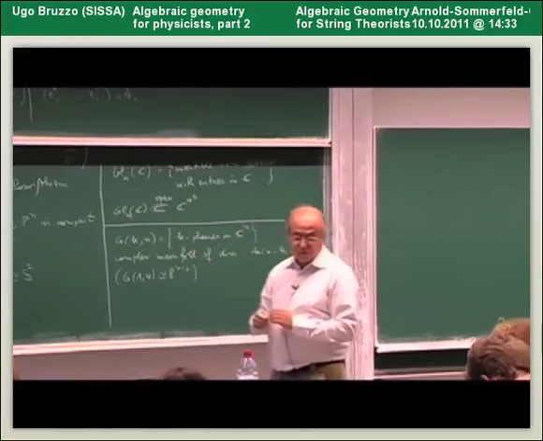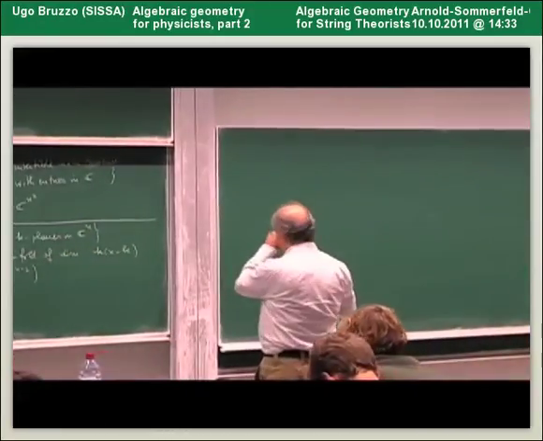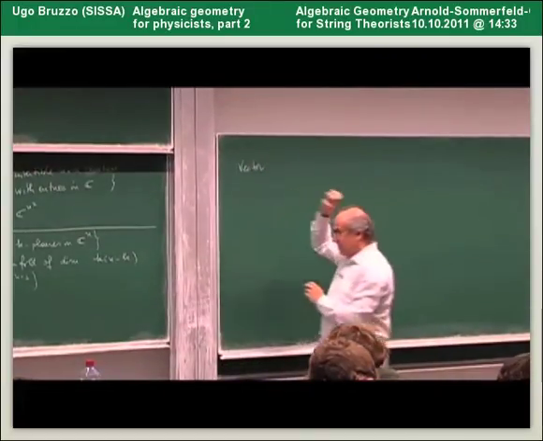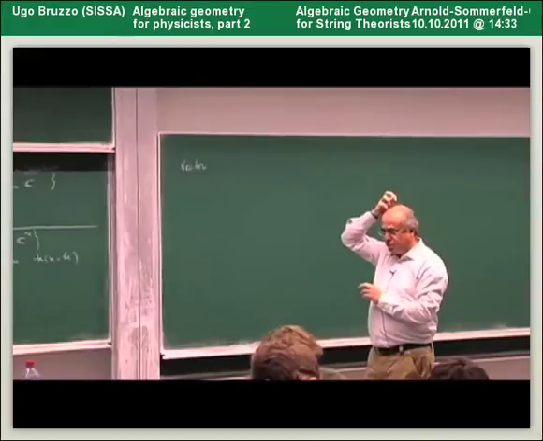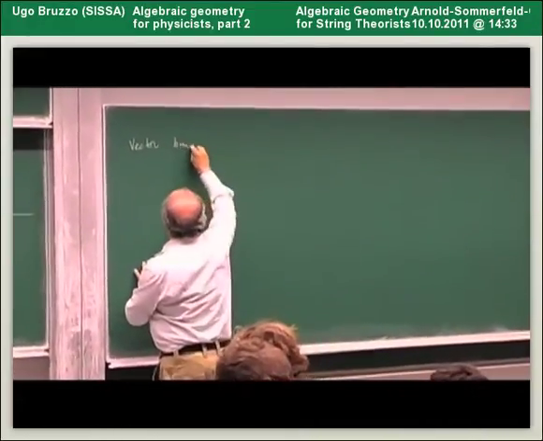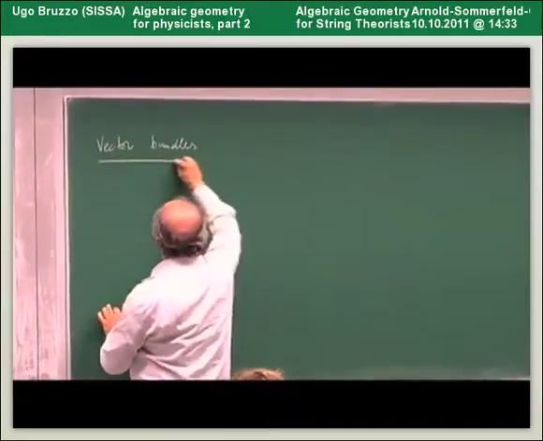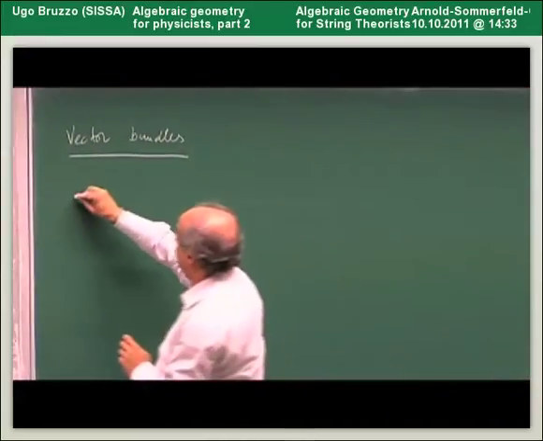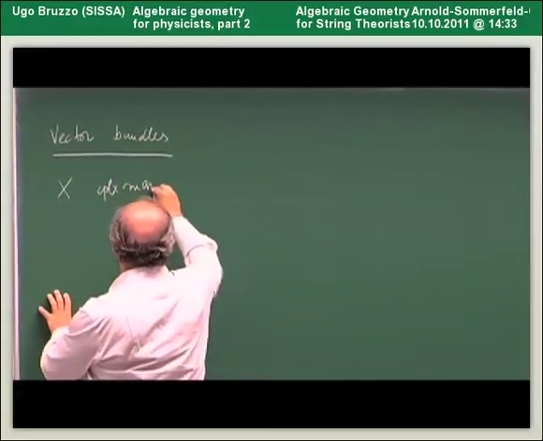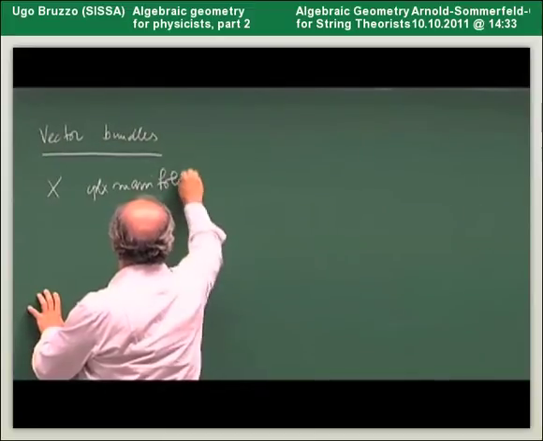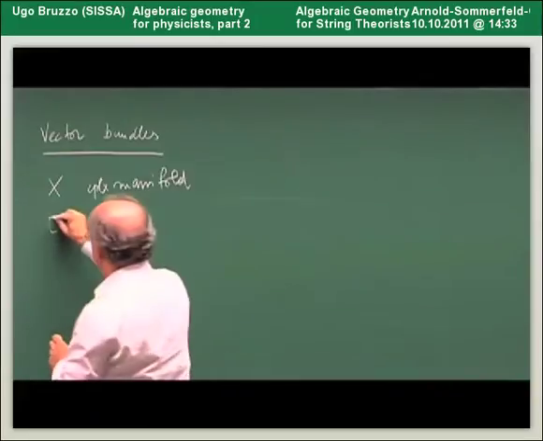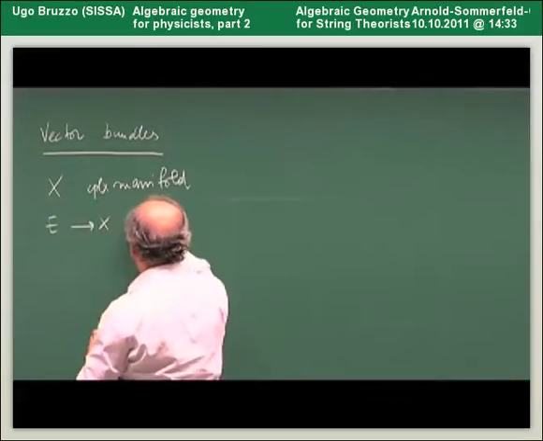So this goes through the notion of a vector bundle. Particularly at some point, in order to have this embedding theorem, we shall just need the notion of line bundle. But I prefer to start with vector bundles more generally. So we shall start from a complex manifold, X. And then we say what a vector bundle of rank R over X is.